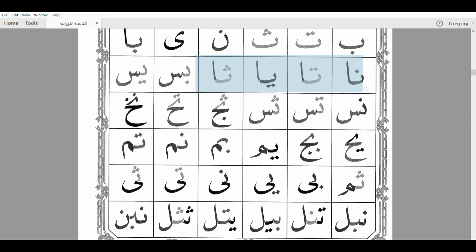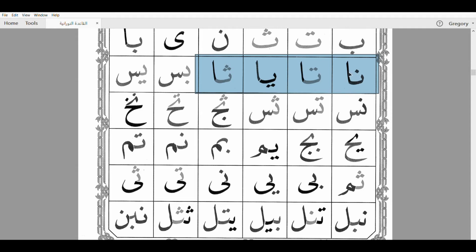Now we have these 4 words. So 1 dot on top. Remember that? No, the ba is below. Remember, dot below. This is ba. 1 dot above is a noon. Yeah, so na.